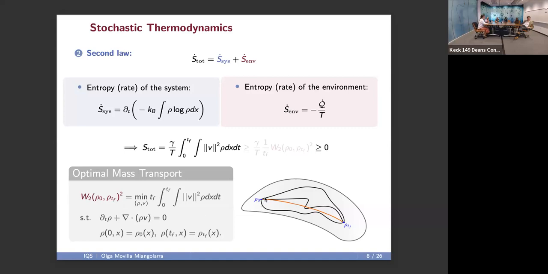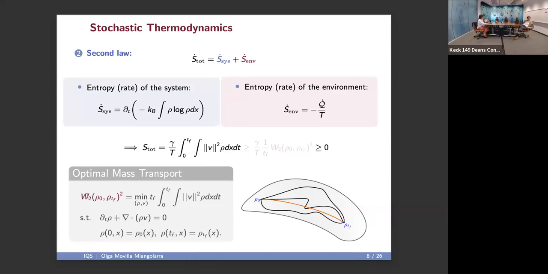So here we can go in very different ways from rho 0 to rho Tf, right? The optimal way, the length of the optimal path will be precisely this Wasserstein distance. So what this means is that this is a geodesic distance. But through this Wasserstein metric, we can also measure lengths of other paths, and we can measure lengths of any given path. And this will be useful later.